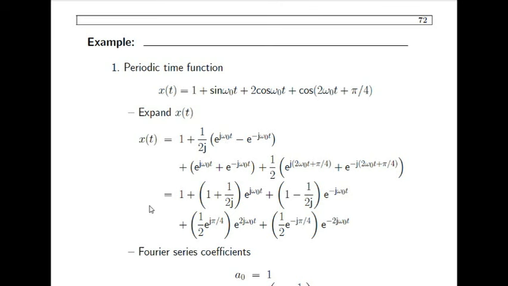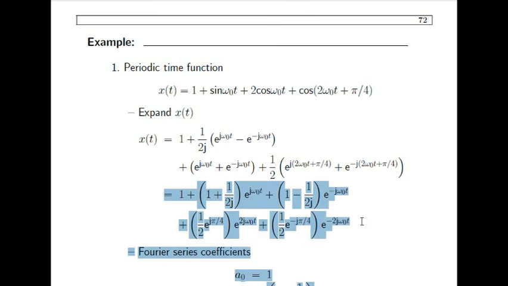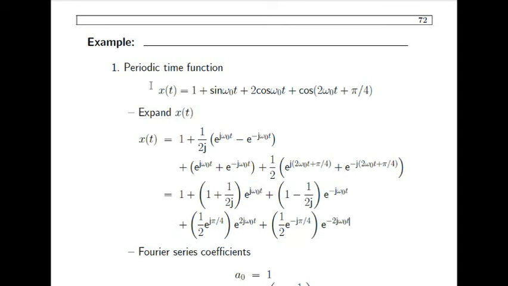Here we know that the complex exponential always contains a variable k inside it. So you can see that the value of k is equal to 0 in this case, k equals 1, k equals minus 1, k equals 2, and k equals minus 2. So we have 5 Fourier series components here: a naught, a plus minus 1, a plus minus 2.